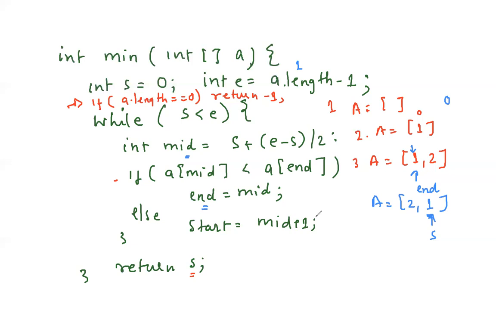So the elements ahead, those will be the rotation. But the index represents that, right? The minimum element index represents how many numbers are there before it. So if you find the index of the minimum element, actually you find how many rotations it went through.